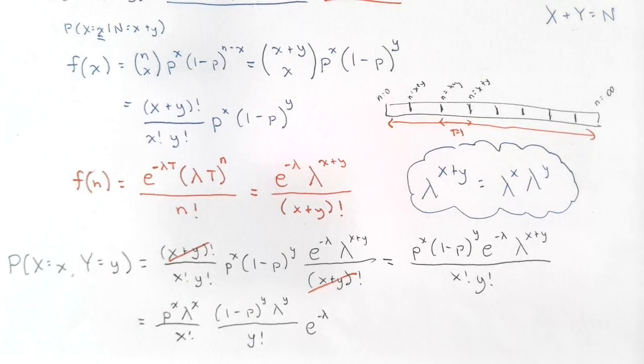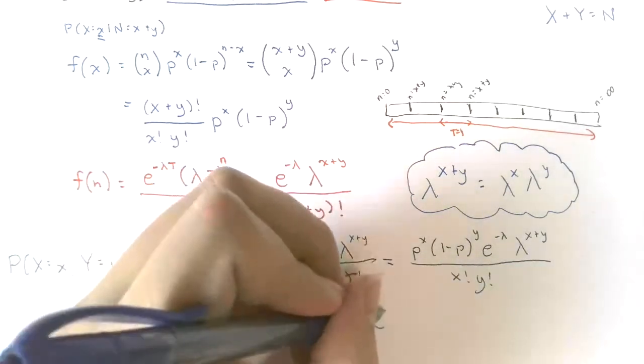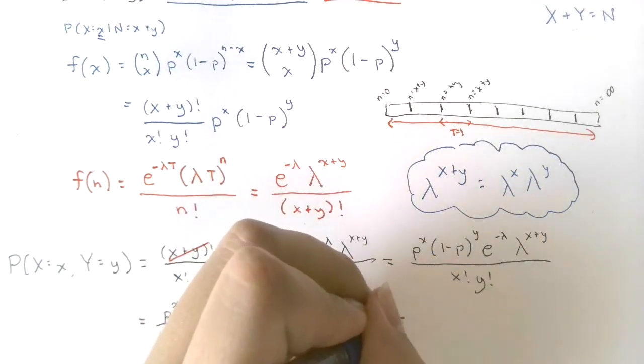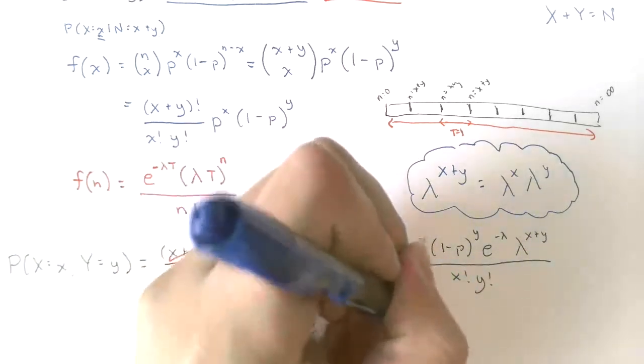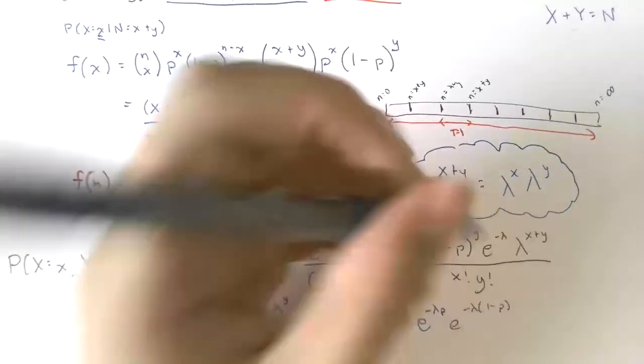But it's okay, because what I'm going to do now is be a little bit creative. Once again, I'm going to bring in my little high school knowledge of mathematics and say, well, e to the negative lambda, I think we can agree, is equal to e to the negative lambda p times e to the negative lambda times 1 minus p.